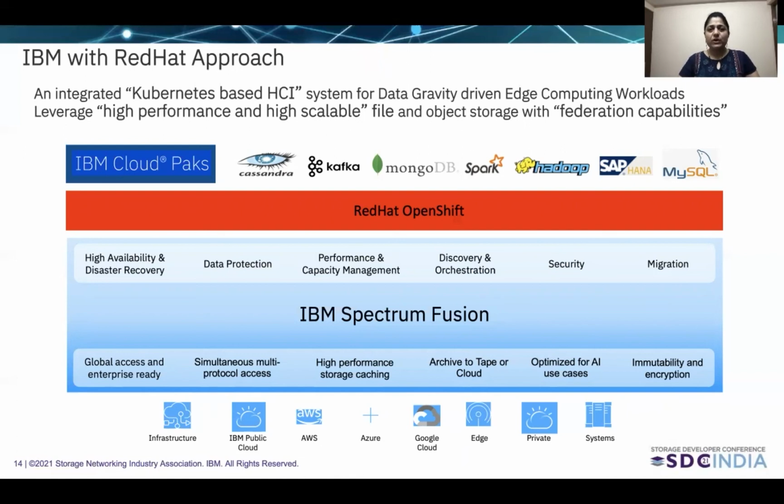It is a system for data gravity-driven edge computing workloads that leverages high performance and highly scalable file and object storage with federation capabilities. IBM Spectrum Fusion is a consumable and performance-savvy, fully hyperconverged infrastructure that enables modern applications, AI, and hybrid cloud computing. Thank you.